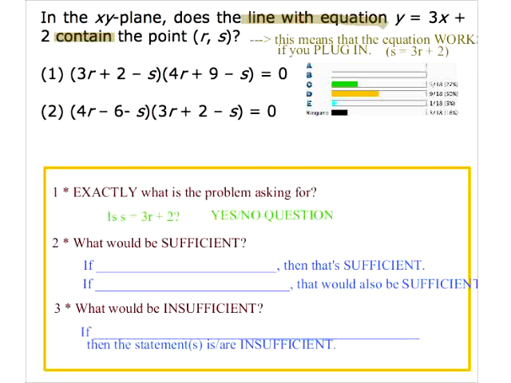Okay, if S must be 3R plus 2, then that's sufficient. What else would also be sufficient? Yeah, it would also be sufficient if it were never. If S cannot be 3R plus 2, then that would also be sufficient.